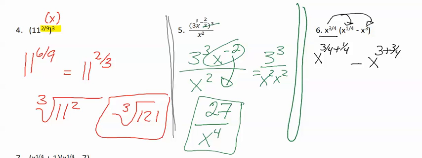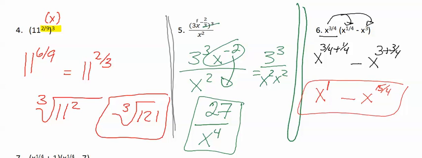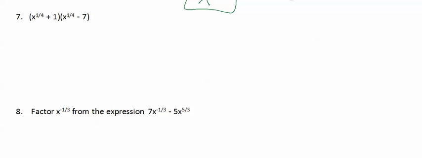So what we're going to get here is x to the 1st minus x to the 15/4. Not similar, not like terms, so we can't put them together, so we're going to leave it like that.